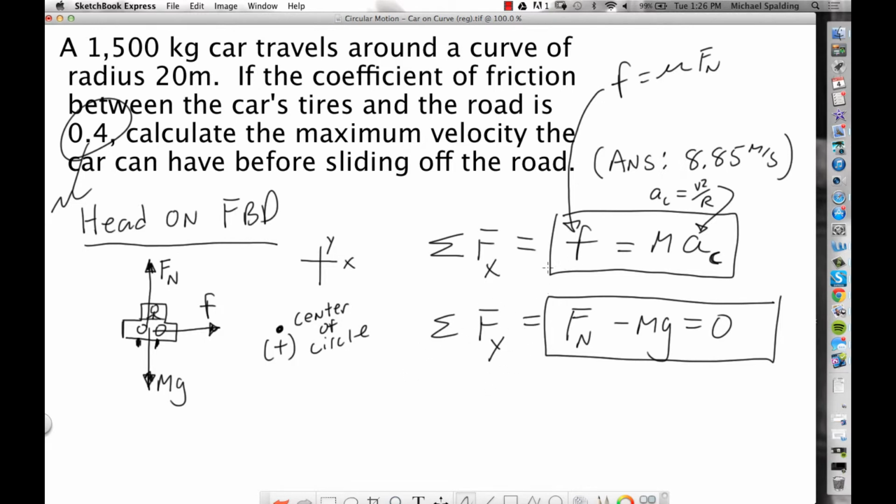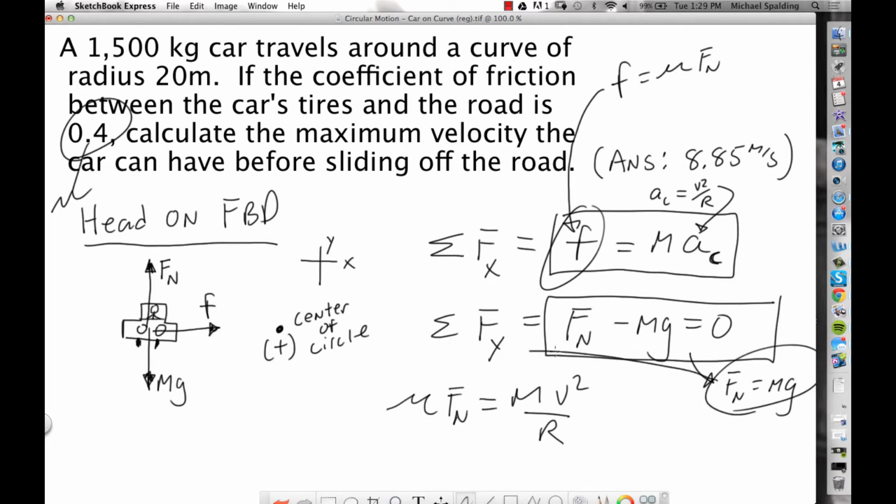All right, so doing the algebra, I'm going to plug in for friction. So we have mu Fn equals m v squared over r. Now, what's the normal force equal to? mg, so plug that in here. So now we have mu mg equals m v squared over r. The m cancels.